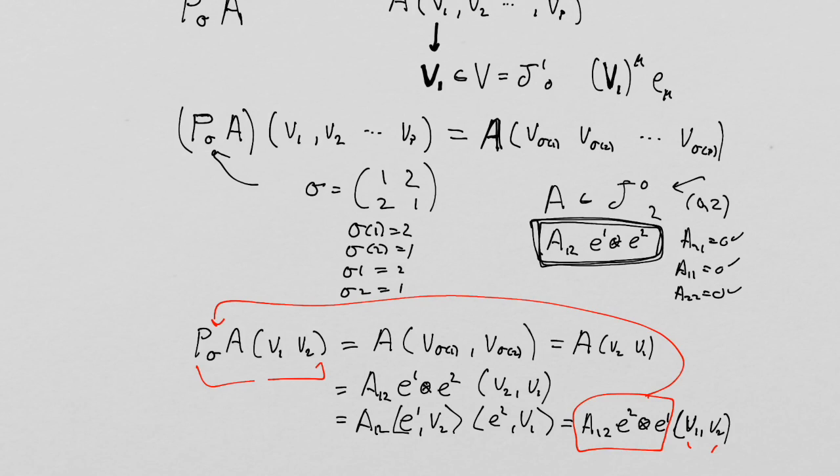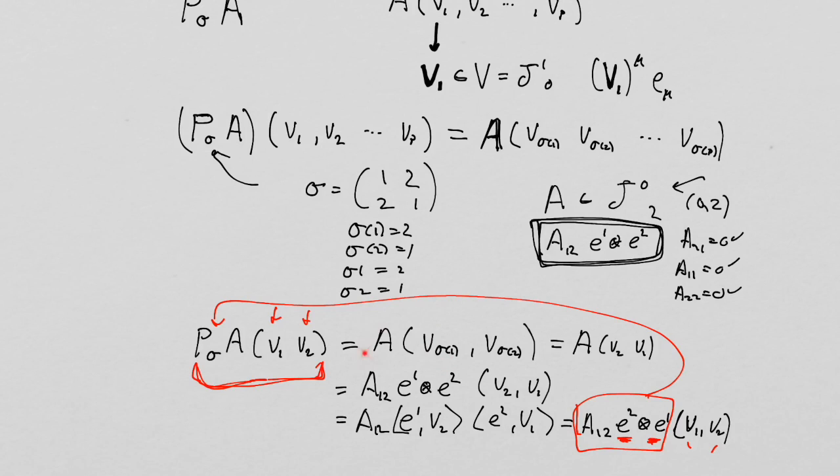So the sigma transpose operator has the effect of taking A, reshuffling the basis vectors, and operating on these inputs. That satisfies this definition, that it's the same as taking A and reshuffling the inputs.